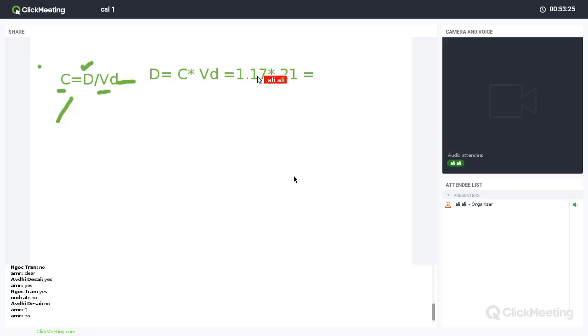It will equal 24.5. This is the first one. When you look at the choices, you will choose the nearest one. Here we have P also. Okay. The question number 5 is P.